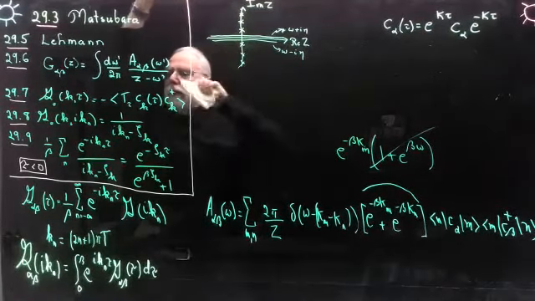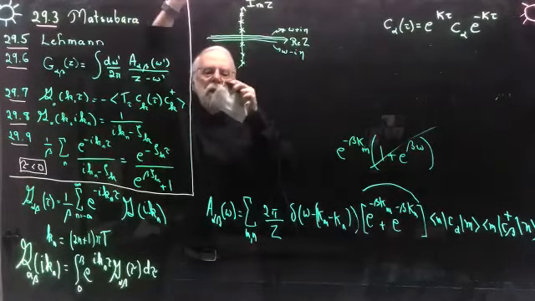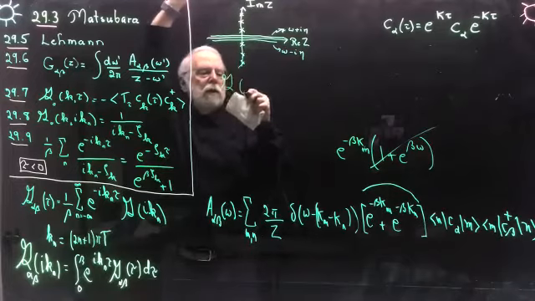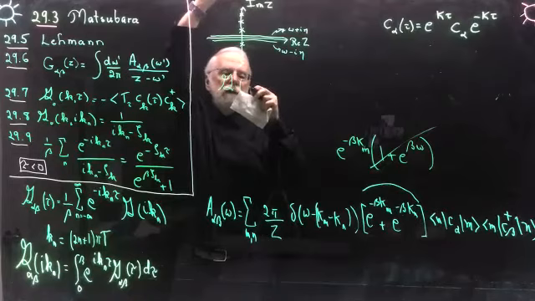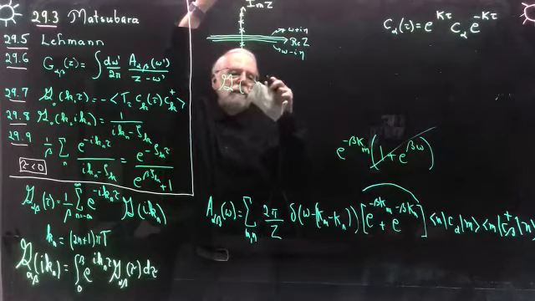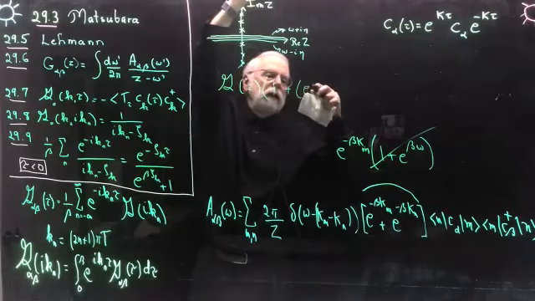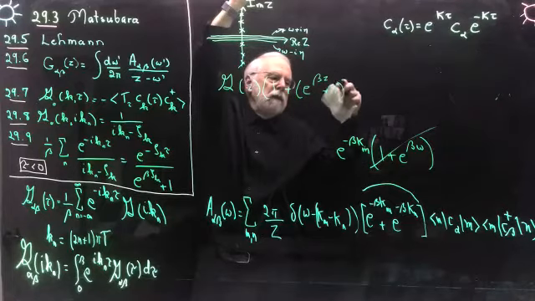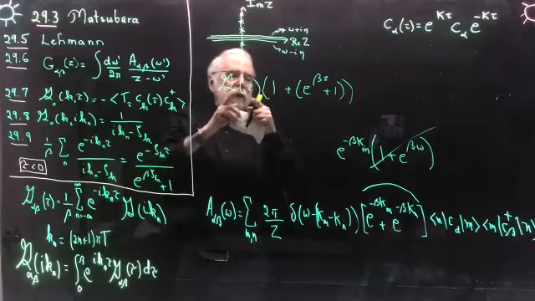Now, there's an ambiguity in here, which is the following. Suppose I know this Matsubara function, I know G of z, and I multiply by e to the beta z plus 1. This function is not G of z.